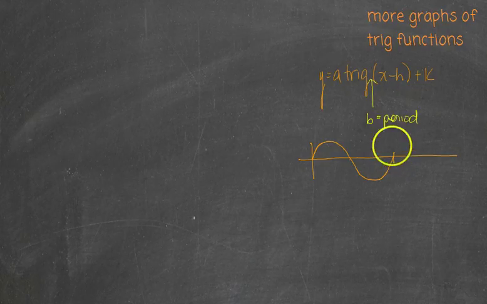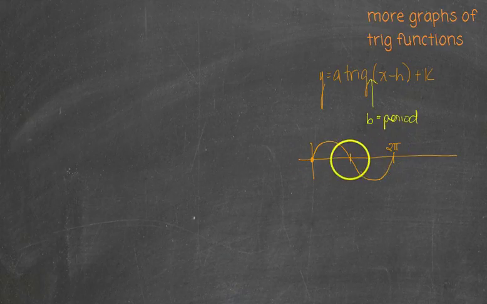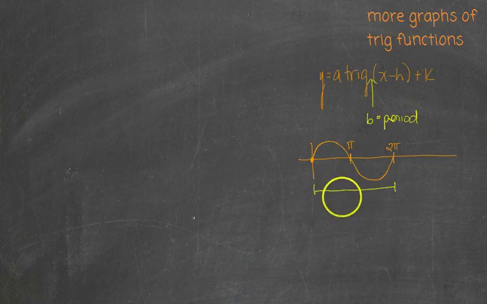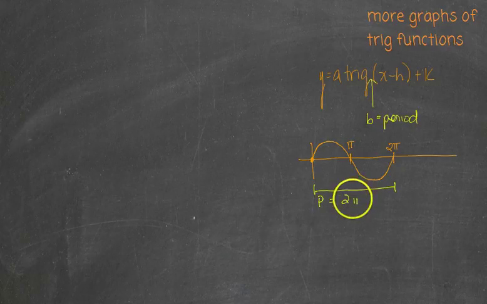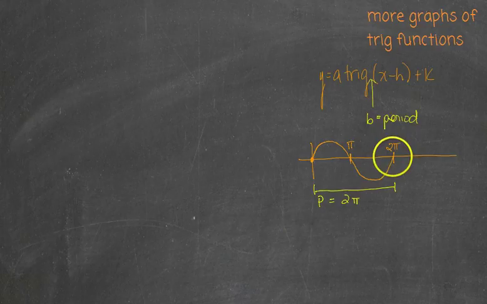We know that it starts at 0, 0, ends at 2 pi, 0, and it crosses the x-axis at pi, 0. Well, the standard period for this function is 2 pi, just meaning that the function starts and completes one full cycle in 2 pi units.